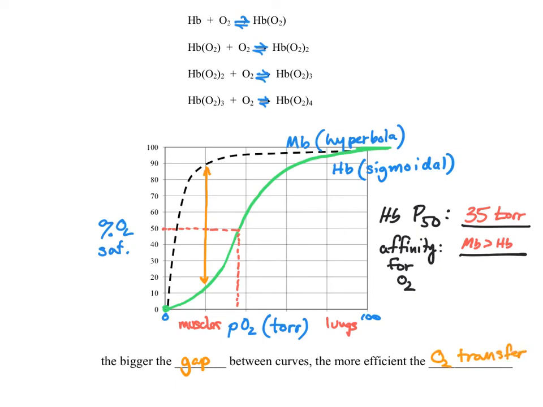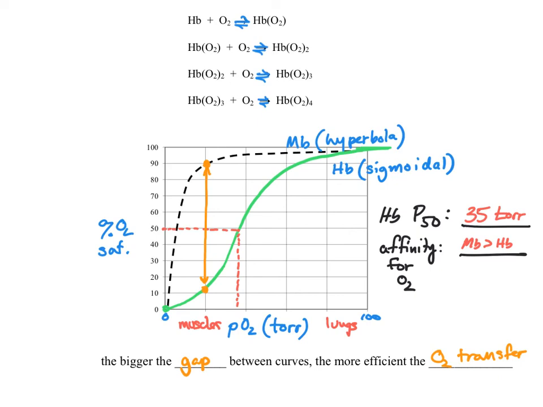Isn't that what we want? We want oxygen to go from hemoglobin to myoglobin, and that's a big gap. Think of it this way. Like I said earlier, the difference between these is the result of the equilibration, or the competition, we might say, between hemoglobin and myoglobin for oxygen in the muscles.